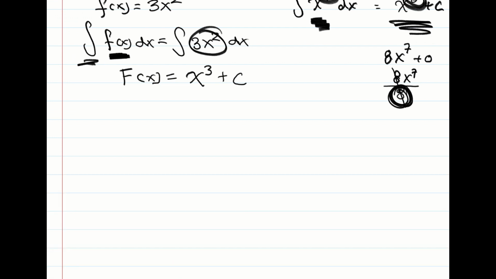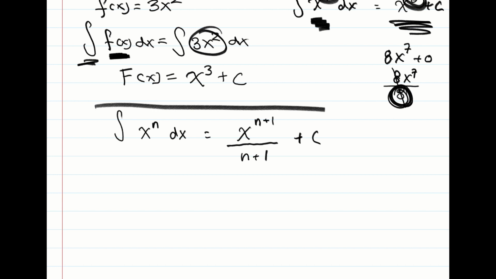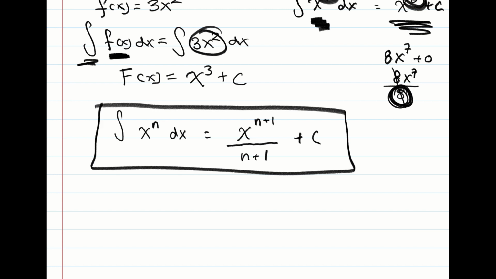The integral of x to the n power with respect to x: we have to go up a power, and when we take the derivative, we end up with the power that we went up by, so we want to divide by n plus 1. So it's x to the n plus 1 over n plus 1, plus c. This is the power rule for integrals.